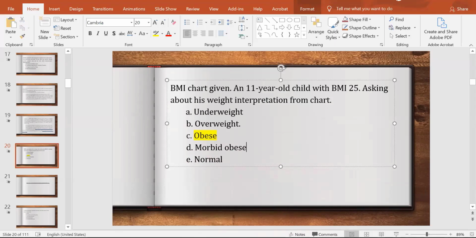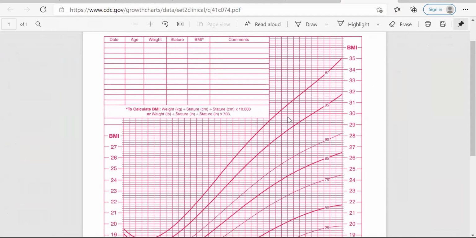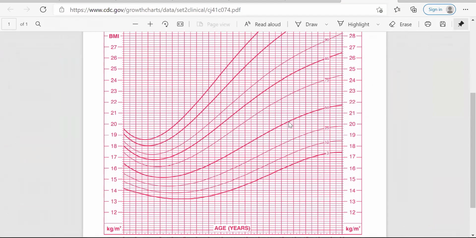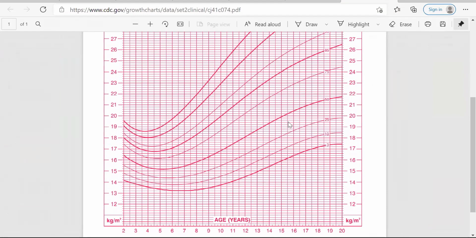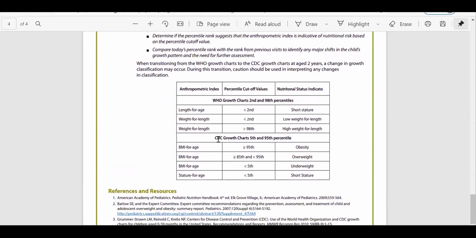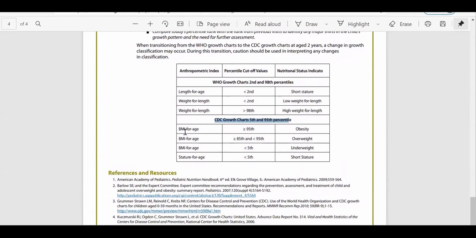Okay, so have you understood how to get this 95, 97? Yeah, this one actually we are looking for. So if it is BMI for age more than the 95th percentile, that's obesity. 85th to 95th, that's overweight.